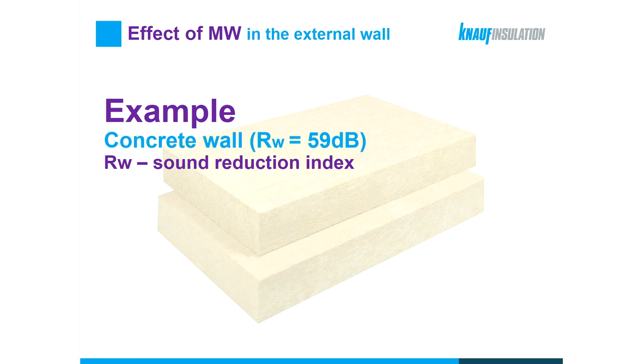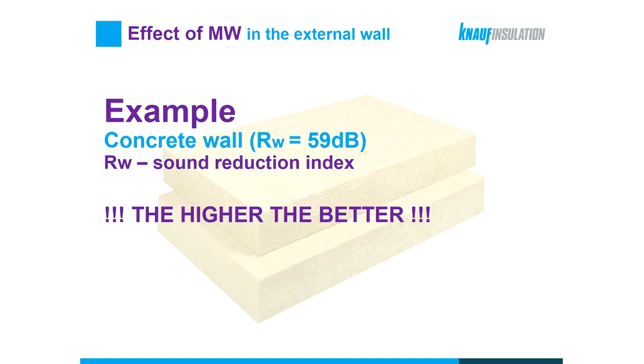For example, we have a concrete wall as our basic wall construction. The sound insulation, the Rw of such a wall, amounts to 59 decibels. And let's not forget that the higher the Rw is, the better when we are discussing matters of airborne sound insulation. And noise from outdoors falls into the category of airborne sound insulation.